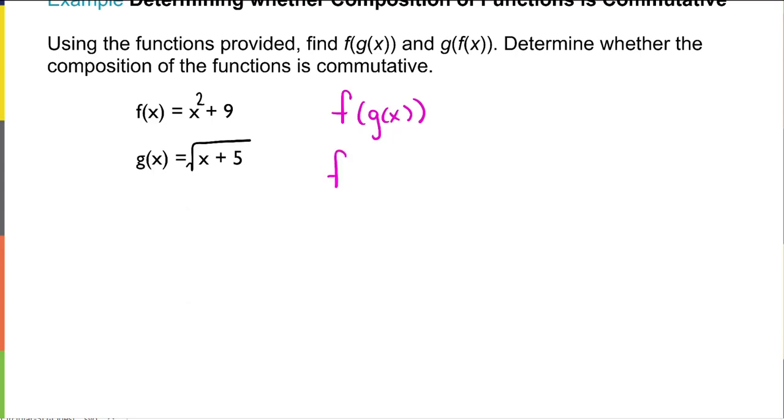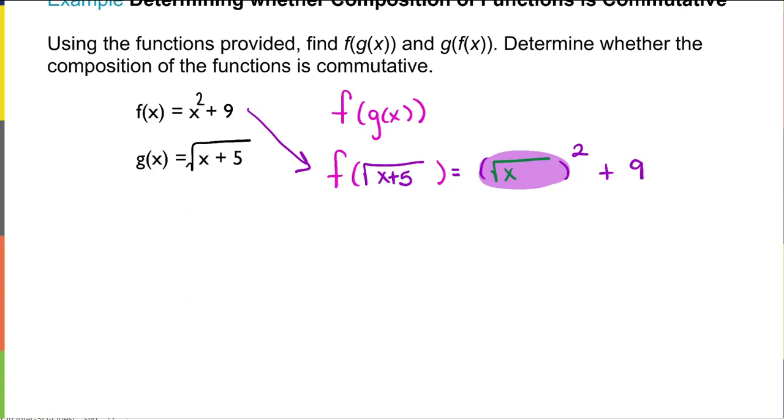We're going to substitute g of x, which is the square root of x plus 5, into the x for the function f of x. f of x was x squared plus 9, so we rewrite that function, but right here in the parentheses, we input the entire function g of x, which is the square root of x plus 5.